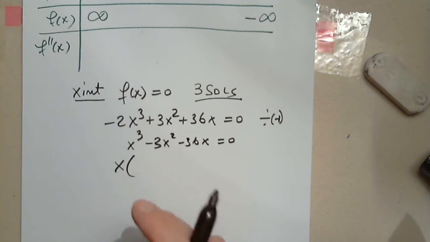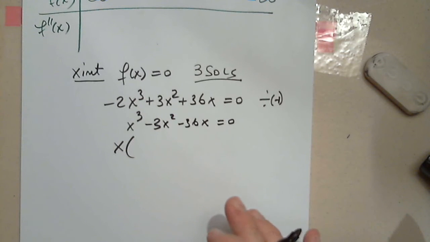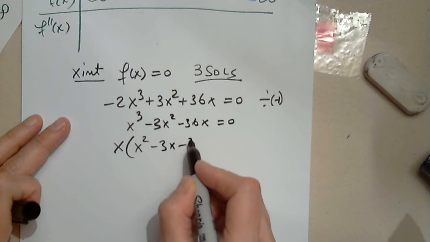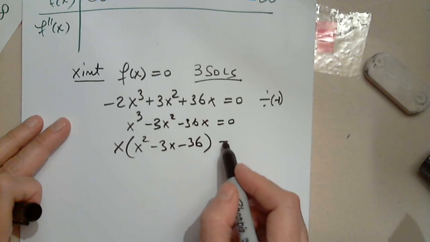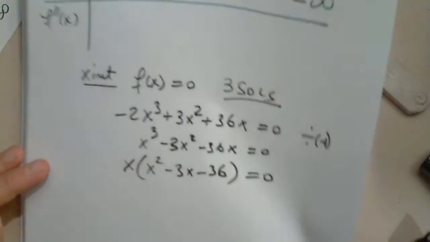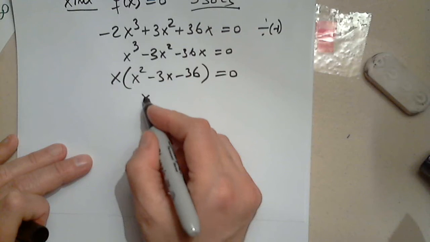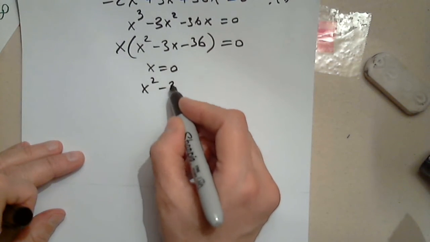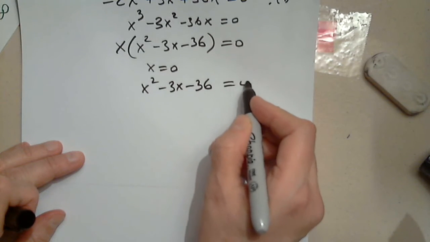I will definitely factor out x and get x squared minus 3x minus 36 equals 0. As I said, I expect 3 solutions. One of them is 0, and the other 2 will come from x squared minus 3x minus 36 equals 0.